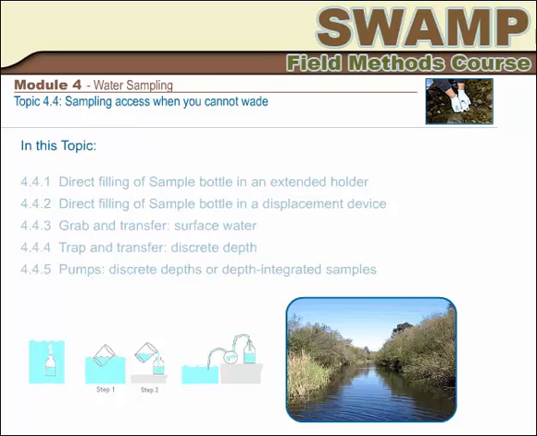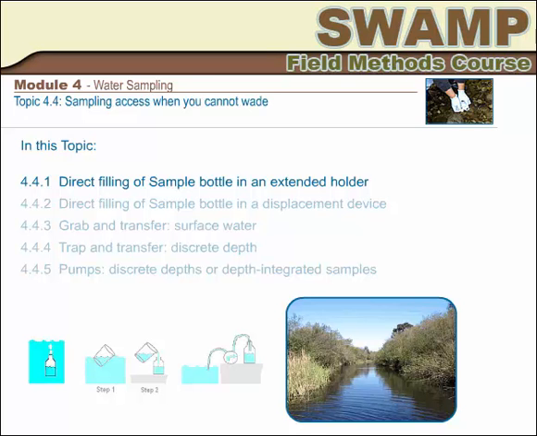In the previous topic, you saw how to fill sample containers directly while wading. The following two subtopics explain how to do the direct filling when you cannot wade and need to use devices that allow for extended reach. Extended holders shown in section 4.4.1 include a weighted basket that holds the container and can be suspended into the water from a bridge, or the pole with a clamp that holds the container and can be extended from the bank.